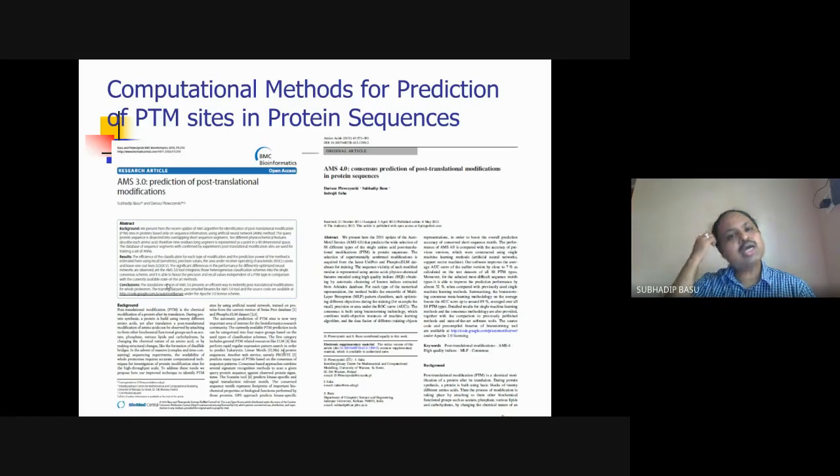This is not a complete discussion of all the post-translational modifications that are known till date, but you have some idea that PTMs are absolutely critical and this is a hot research topic. These days people are actually looking for prediction of post-translational modification sites in protein sequences.